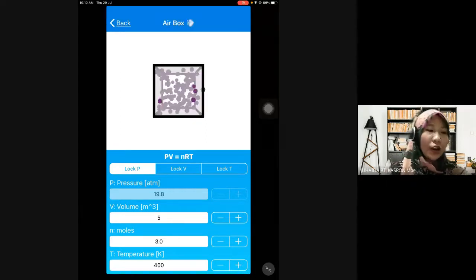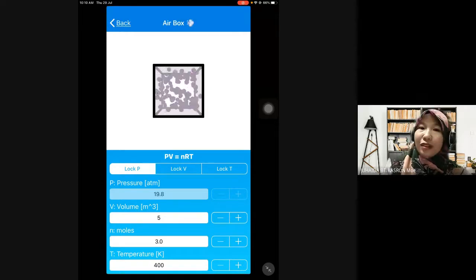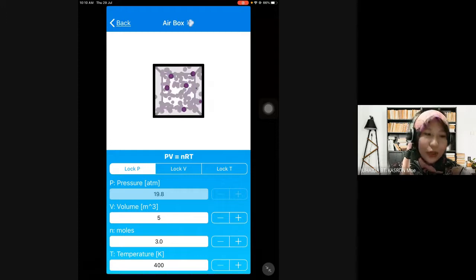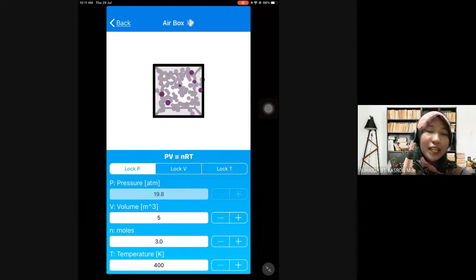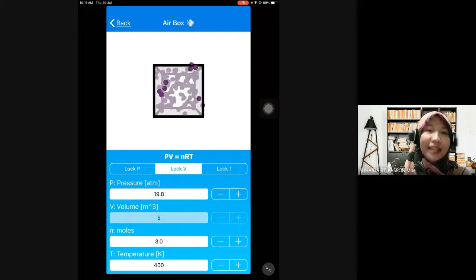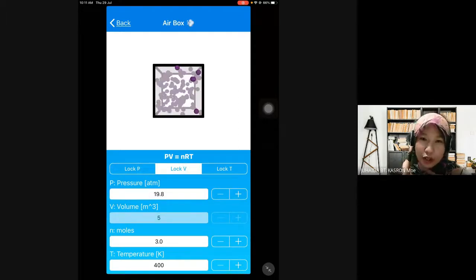Okay, now girls, can you see the buttons lock P, lock V, lock T? I want you to press the lock P. P there is for pressure, V is for volume of the gas, and T is for the temperature of the gas.